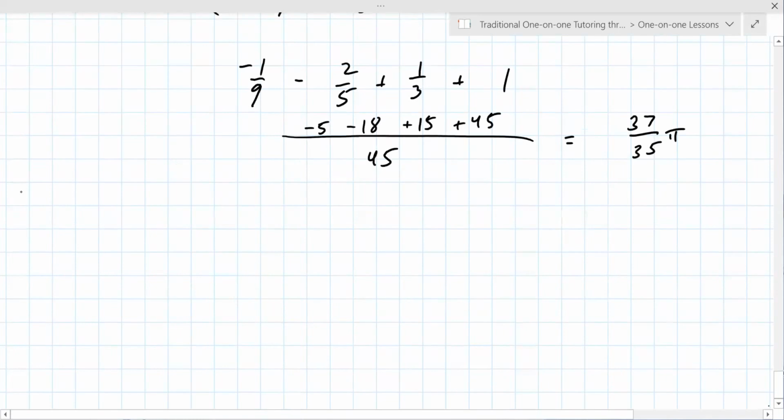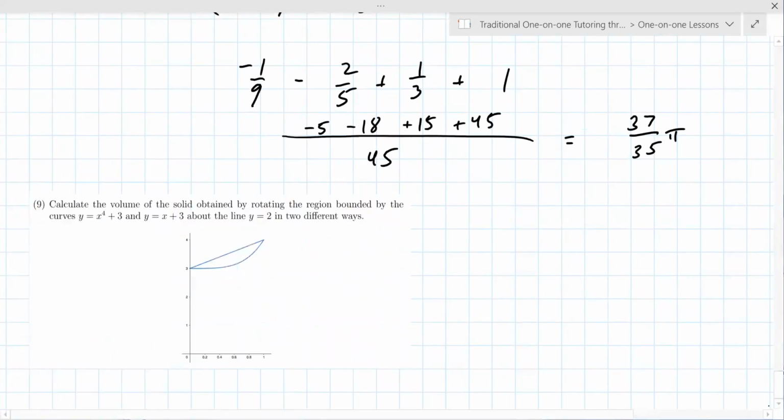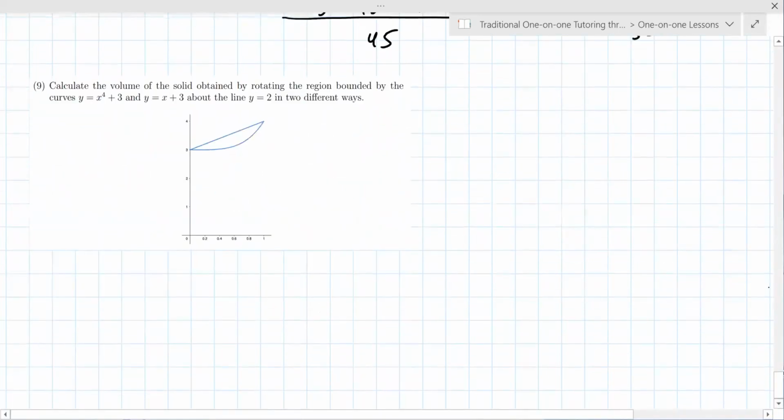So because it's with respect to the x-axis with the shells, we need to solve both for x. So this first one is going to be x equals y minus 3 to the 1/4 power.